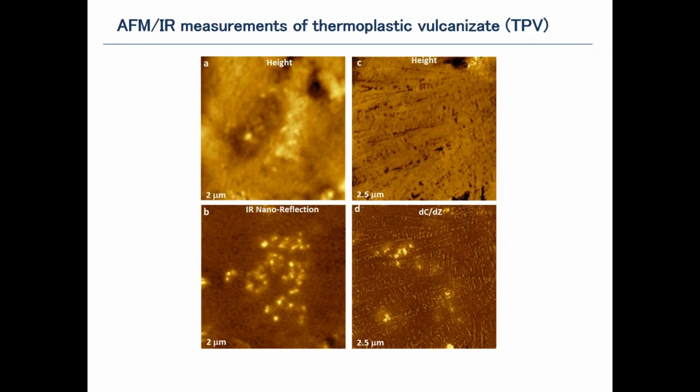Another example is the measurement of a thermoplastic vulcanizate. This is a sample where carbon nanoparticles are introduced into the thermoplastic vulcanizate, and we can hardly see them in the height image, but in the infrared contrast, we can clearly see these bright points that correspond to the carbon nanoparticles introduced within the sample.